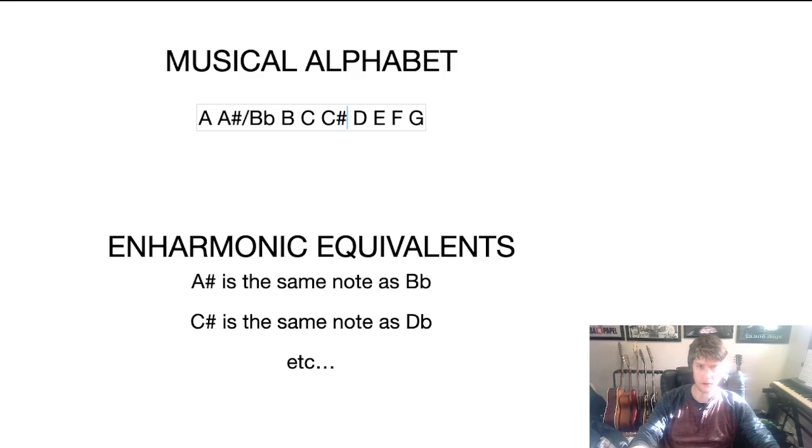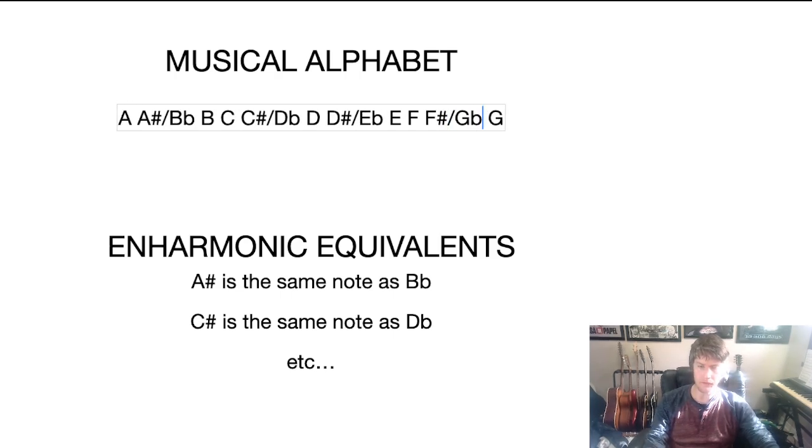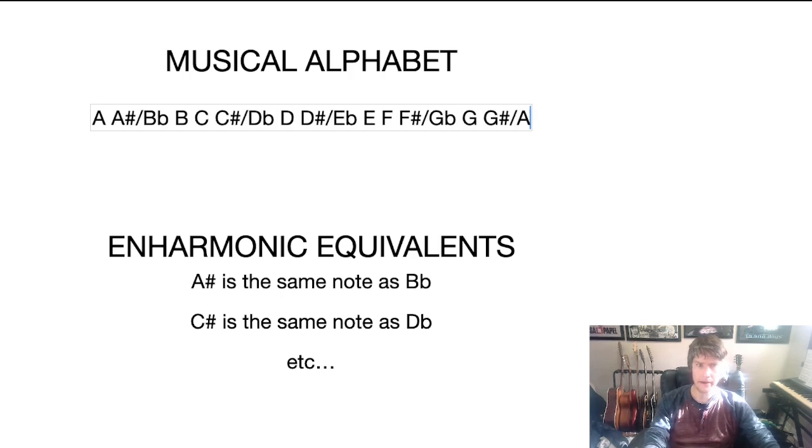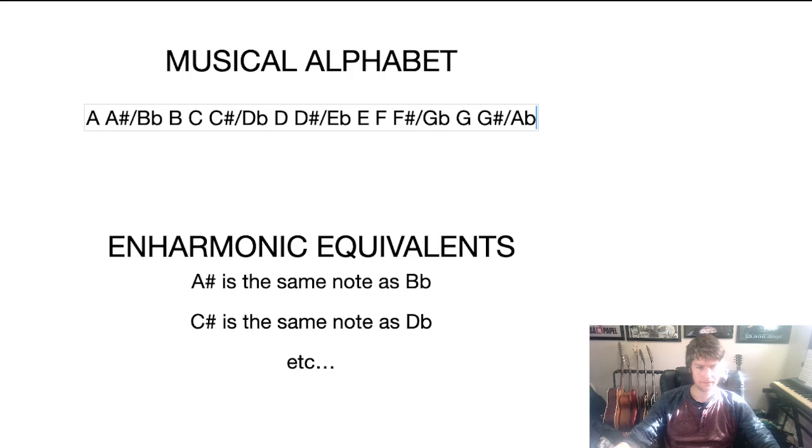Well, what's its enharmonic equivalent? D flat. After D, we have D sharp. What's its enharmonic equivalent? E flat. E does not have a sharp, but F does. What's its enharmonic equivalent? G flat. G does have a sharp. What's its enharmonic equivalent? A flat.